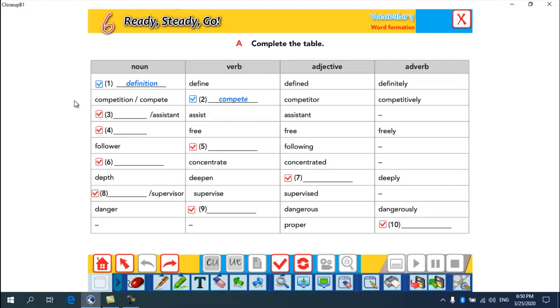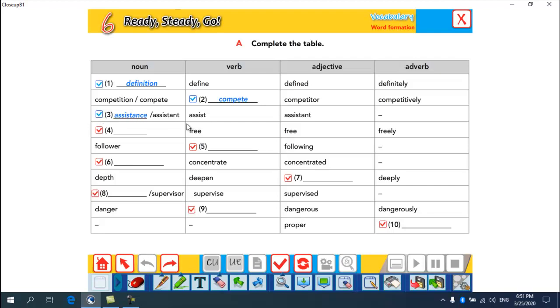The third one, assistant as a noun, assist as a verb, assistant as an adjective, and we don't have an adverb for this word. What do you guess the other noun for assist is? Exactly, assistance.